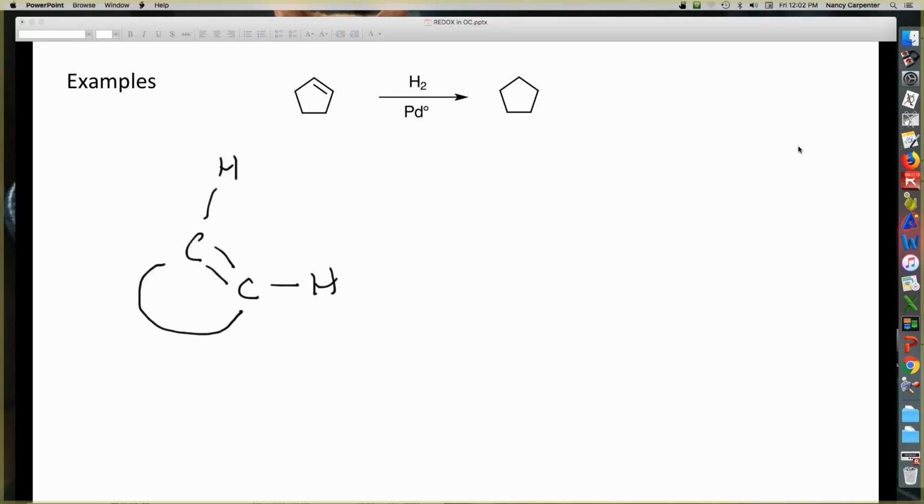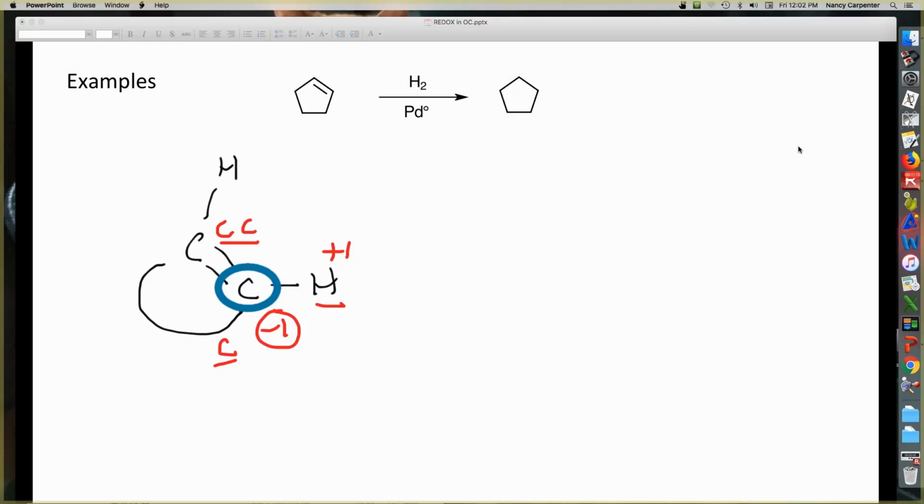Alright, so there's my alkene. And what I can see is that for this carbon right here, we'll circle it, I have a hydrogen attached, a carbon, a carbon, and a carbon. So this is +1, so that means my overall oxidation state for that carbon is -1 because the other carbons are all contributing 0.